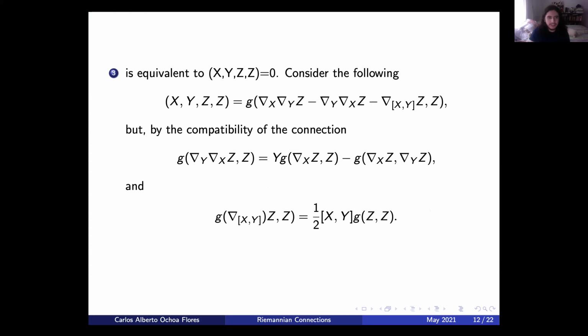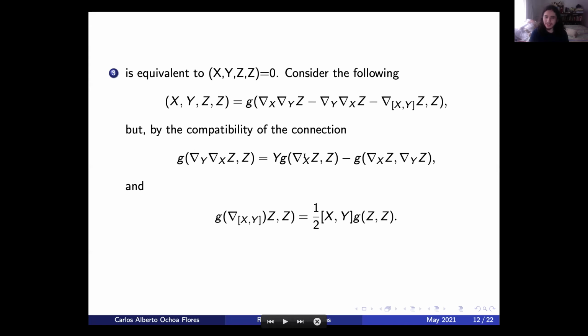Then the third identity is equivalent to proving that for 3 arbitrary vector fields, this is always 0. So we consider the following. We simply write this by definition. And then we notice that this term is part of applying y to this function, right?